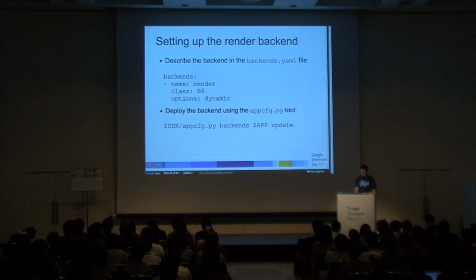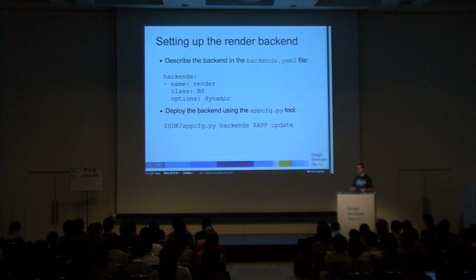And this option here, dynamic, means that rather than the backend running continuously, the backend will only be started when there is a request available for it. So you pay for backends by the hour, and so it's much more economical if I only run the backend at the times when I actually need to render images.